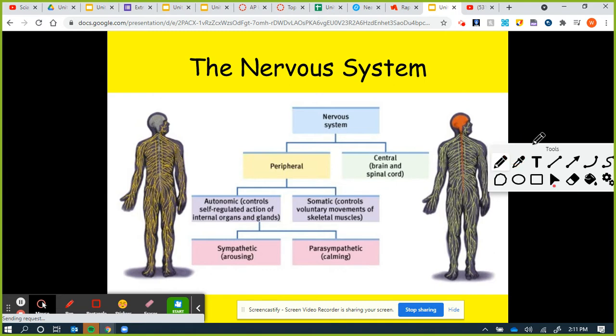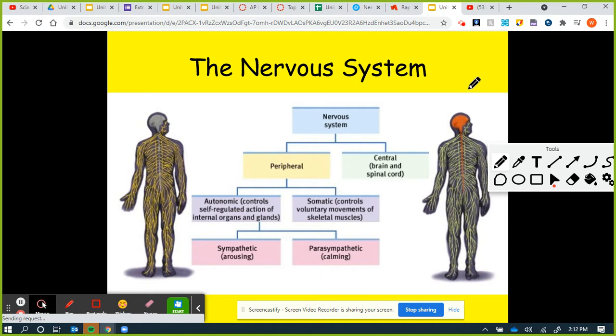So the neuron is the smallest building block of the nervous system. The neurons make up all of the rest of it. We have two different subsections of the nervous system. We have what is called the central nervous system. Think of it as the center of our body. That includes the brain and the spinal cord.